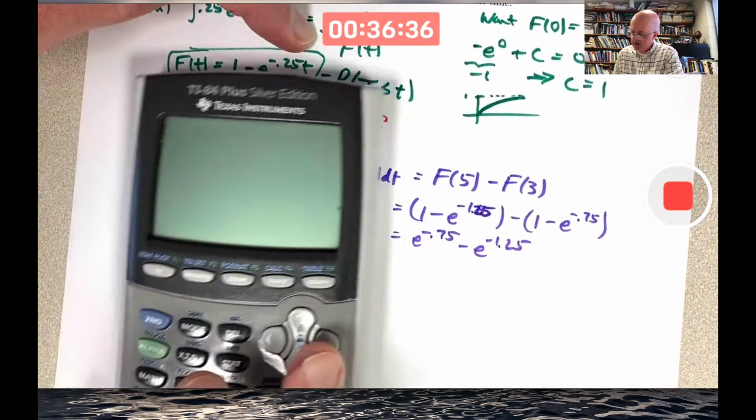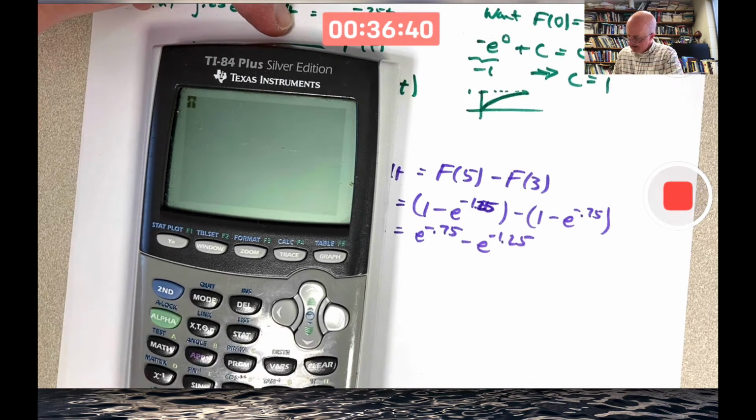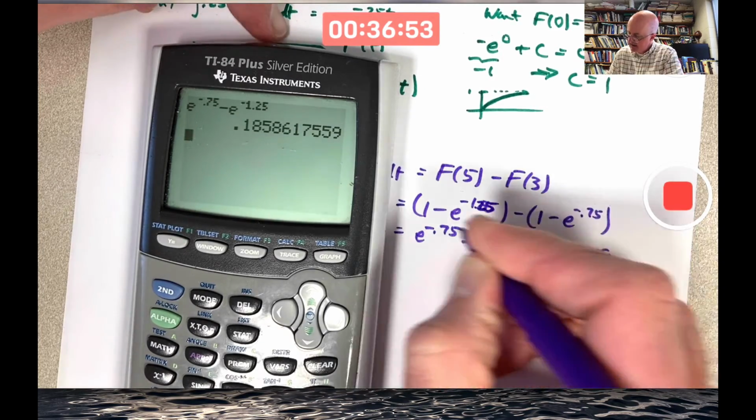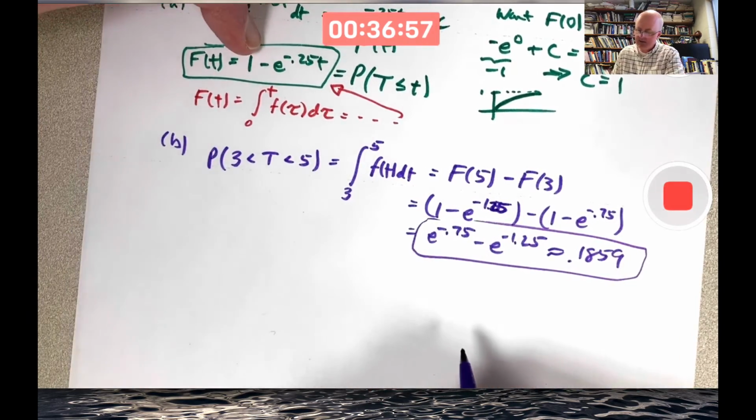And let's go ahead and approximate that. E to the negative 0.75 minus e to the negative 1.25 is approximately 0.1859 for this probability that you'll have to wait between 3 and 5 seconds.